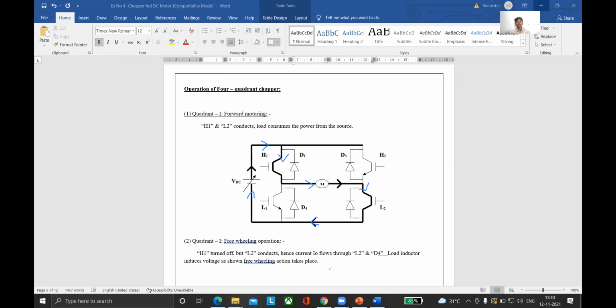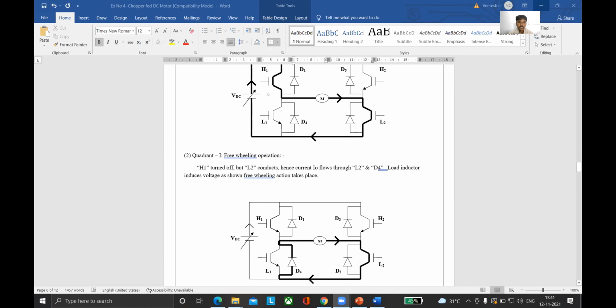Through this circuit the current is flowing, which means the motor is connected to the supply. The output voltage is positive and the output current is also positive. So when H1 and L2 are turned on, it operates as a forward motoring. Clear?